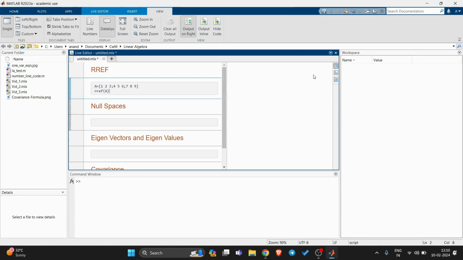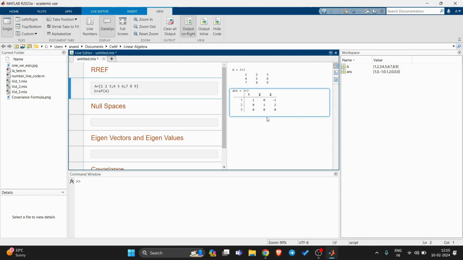Now, rref or reduced row echelon form is a special way of organizing the matrix by performing matrix operations until it reaches a specific structure. When I hit enter, as you can see here, this is my original matrix and this is the rref of this matrix A.